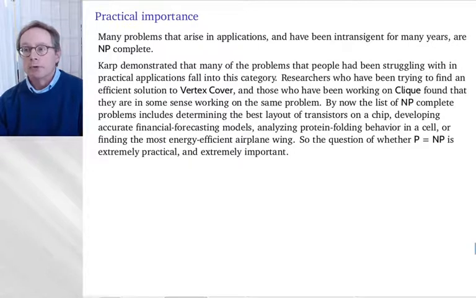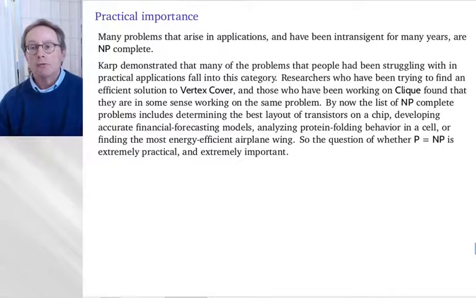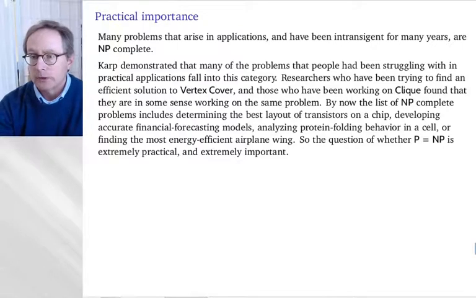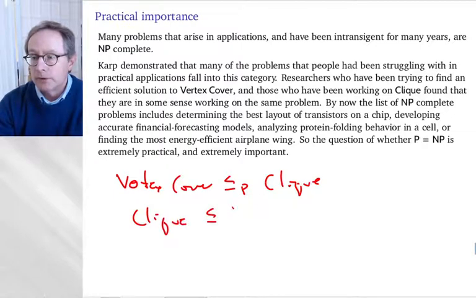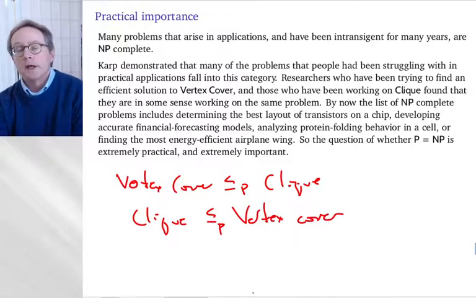So researchers who have been trying to find an efficient solution, say, to vertex cover, and those who have been working on clique found that in some way they're working on the same problem. The two reduce to each other. So we're looking at something like vertex cover. It reduces to clique, but also vice versa. Clique reduces to vertex cover, so that if you could solve one, then you could solve the other.